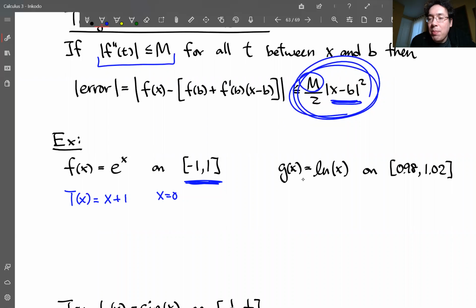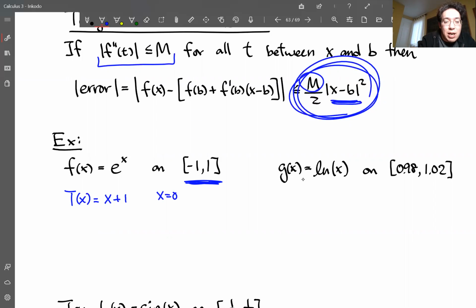I want to bound the interval because if you make x very large, away from where it's tangent at, then the error is going to blow up to infinity. So I want to look at a finite interval from -1 to 1, centered at 0, and see how bad the error could be.